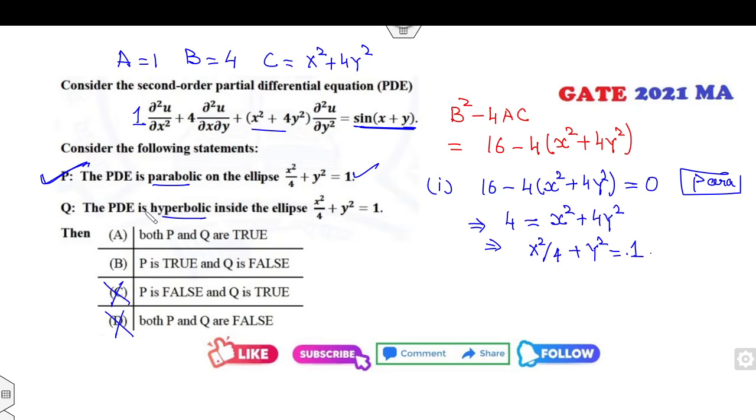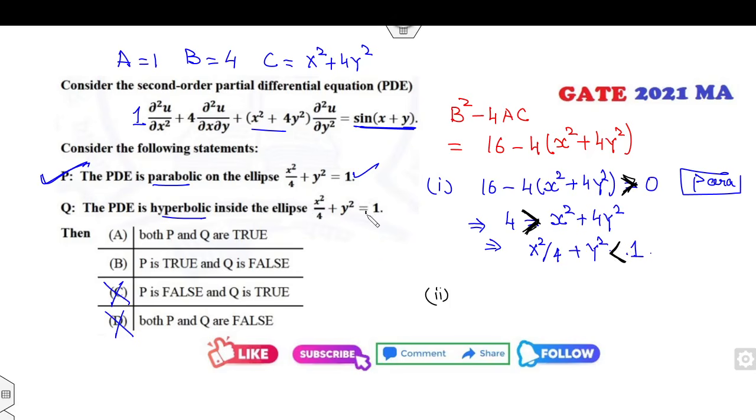The PDE is hyperbolic. Once it is hyperbolic, that means this condition will be strictly greater than 0. That means this number is strictly greater than 0, and that means this number is strictly less than 1. So x square by 4 plus y square is strictly less than 1.